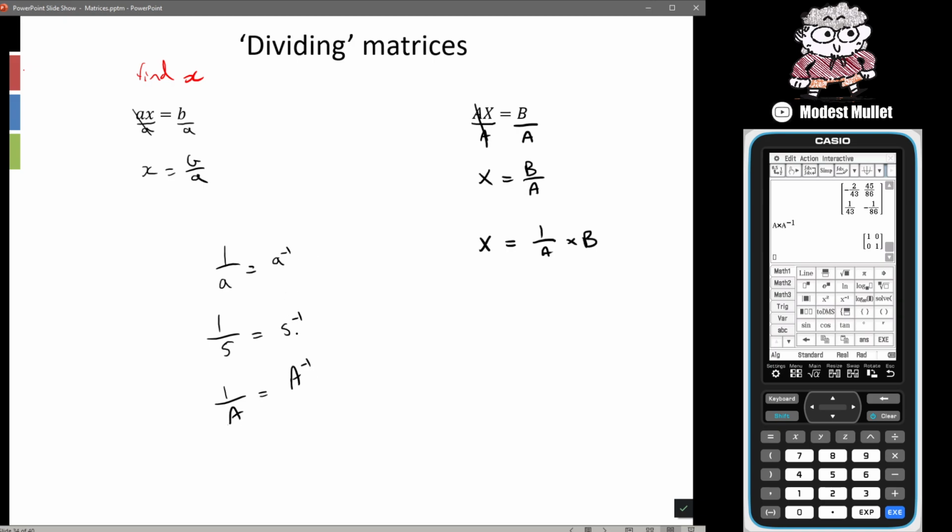All of these, a to the negative 1, 5 to the negative 1, are the inverse of it. And we found that, so we can now write this as times b.